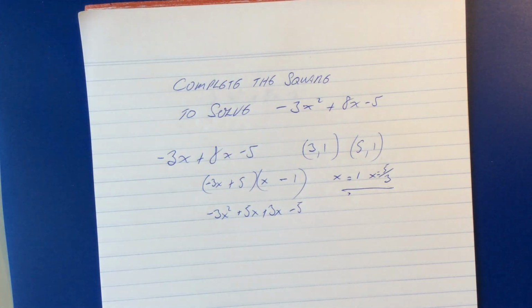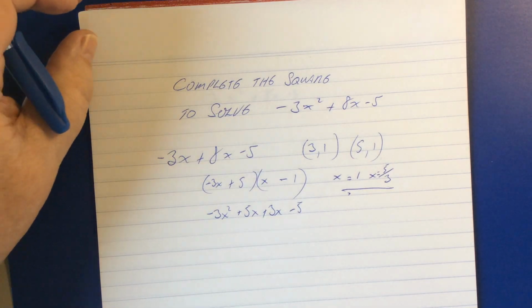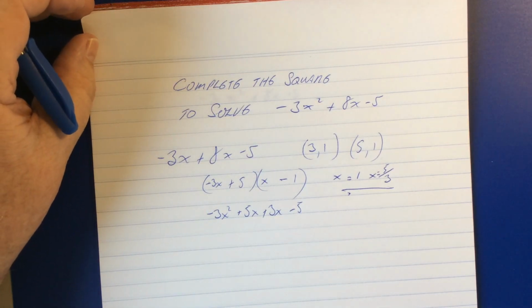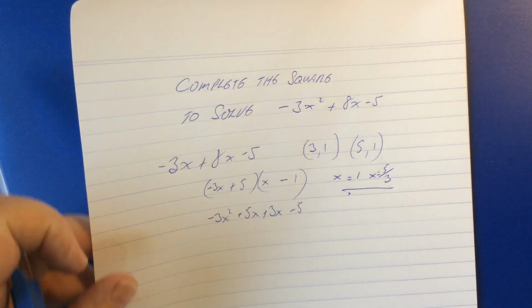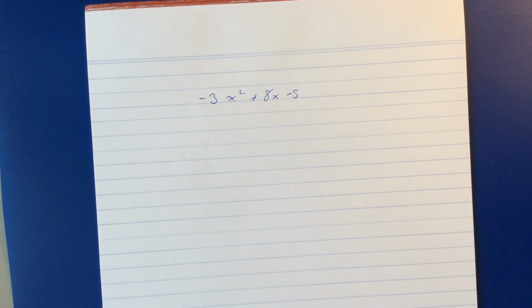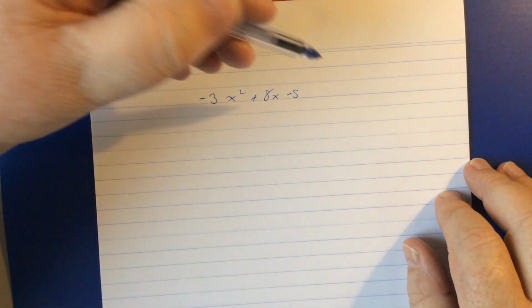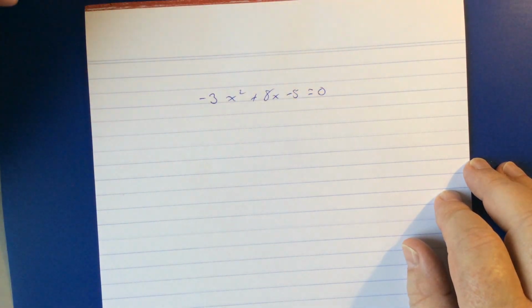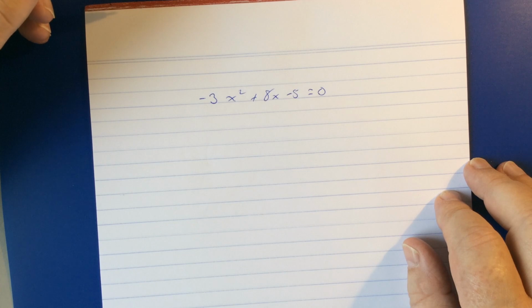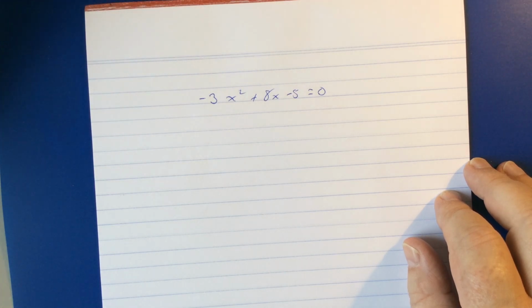Okay, so as I said, it's not pointless doing this. It is slightly superfluous. The point being, of course, to get a solution that matches what we already have by means of completing the square. So here we are. This thing equals 0. And what do I do?